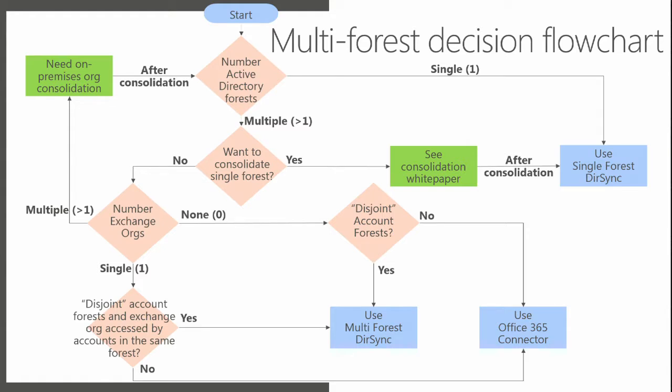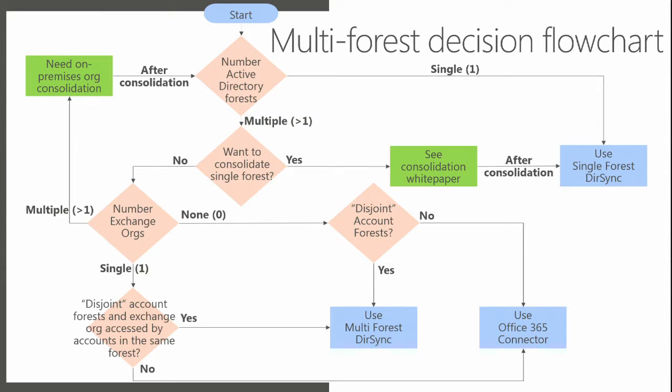If you don't want to consolidate, then we've got to look at how many Exchange orgs you have. If you have multiple Exchange orgs, and this essentially means you've got Exchange servers in separate parts of your directory, then we can't do that. We can't synchronize that with Office 365 and the Microsoft tools. So you need to have some consolidation going on.